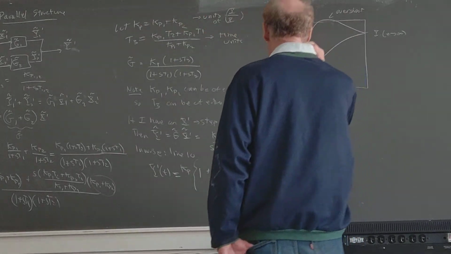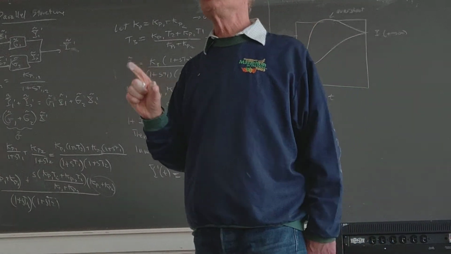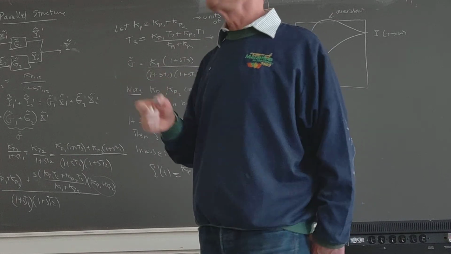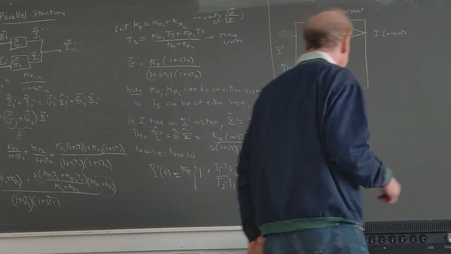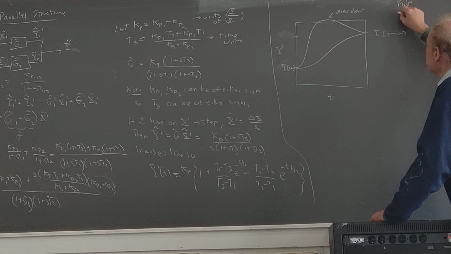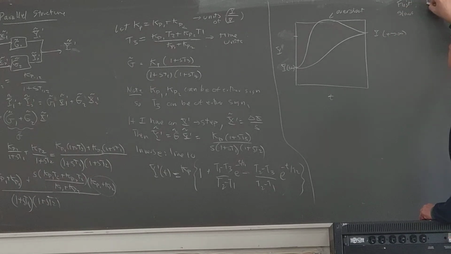But what does overshoot mean? Overshoot means I have two processes, a fast one and a slow one. So in this case, to get overshoot, I've got a fast process and a slow process. And the fast process has kp greater than 0, and the slow process has kp less than 0.